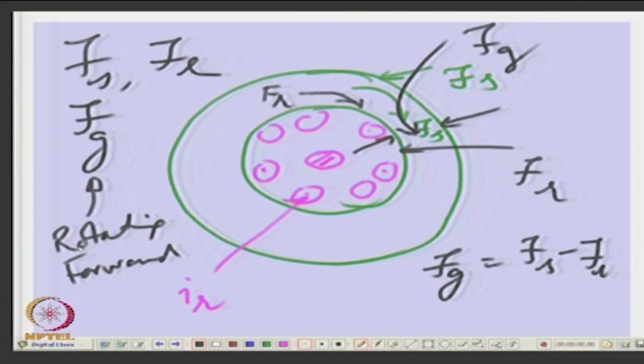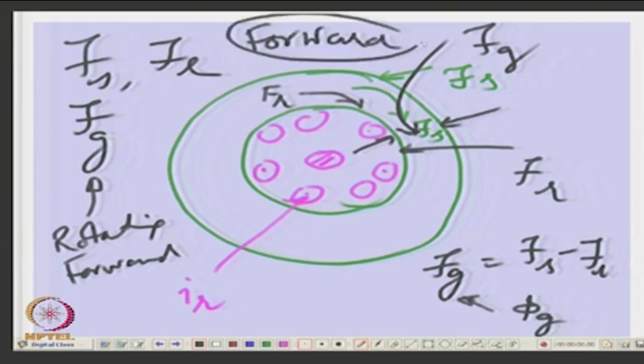There will be one Fr at 0 speed, and another Fr at synchronous speed. In fact, ideally at synchronous speed Fr is 0, no rotor current at synchronous speed. Therefore, Fg is the one which decides the flux per pole phi g, the net air gap flux. It is this phi g which is changing with speed. So, this is about the forward situation, this is what will happen for the forward field.